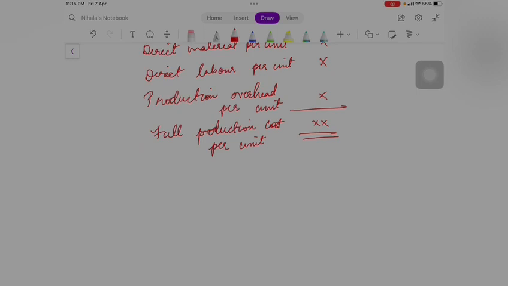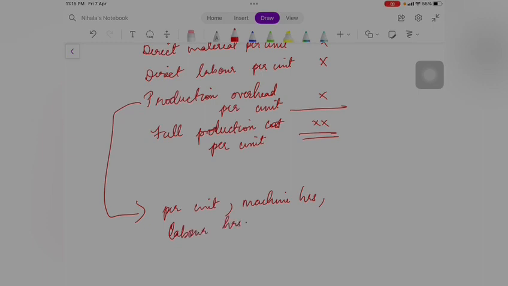I should tell you a note about these overheads. The production overheads are usually taken on a per unit basis. That is, you divide the overhead by the volume of production, or you take the machine hours or the labor hours, whichever is plausible for you.